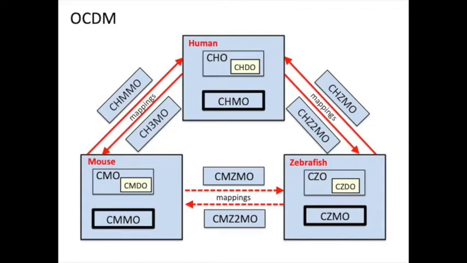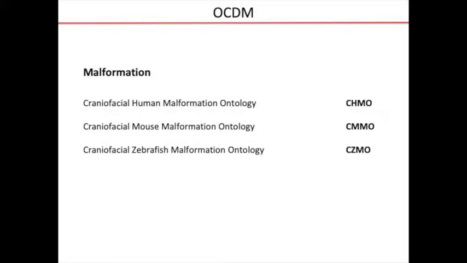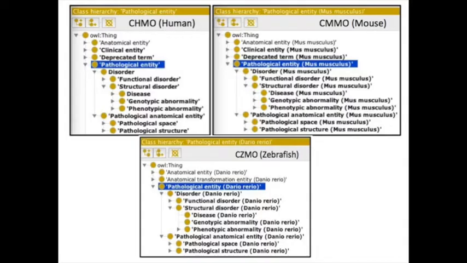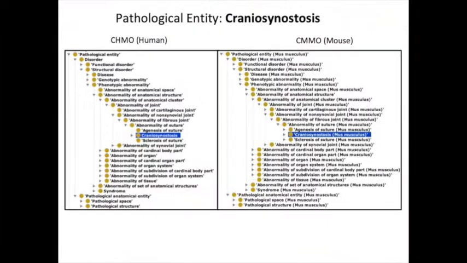Then the next ontology we have is the craniofacial human malformations ontology, and similar for the mouse and the zebrafish. These are organized under an overall category of pathological entity. One of those entities would be craniosynostosis in the human and in the mouse.